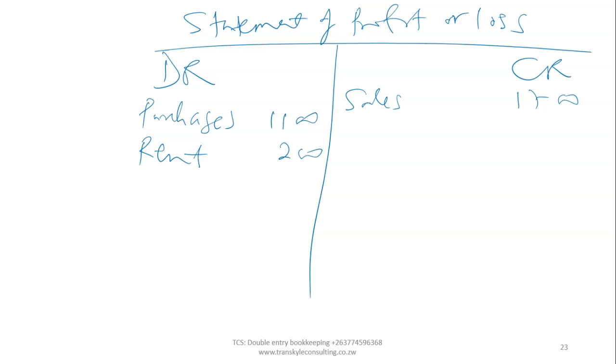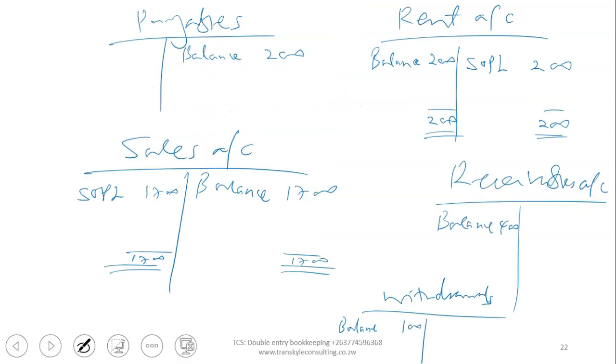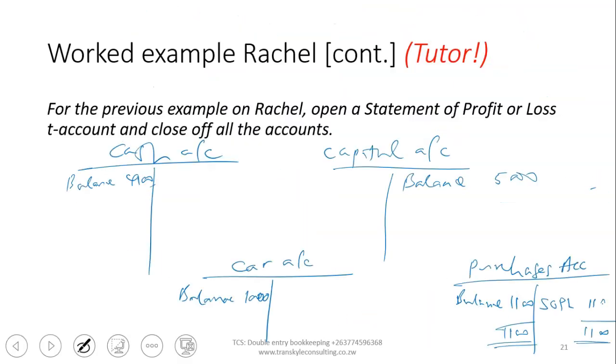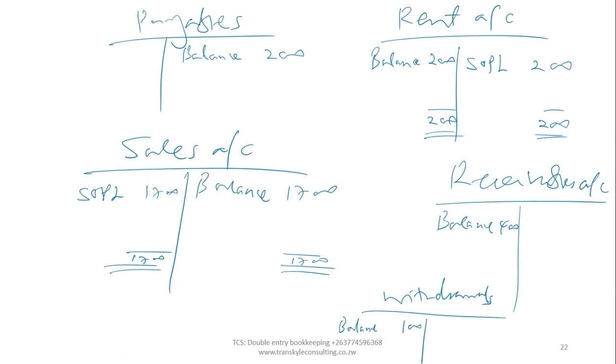We have nothing more. Let us see if we have another statement of profit or loss item. We talked about the purchases, we talked about this transfer, and then the rent. We talked about it.